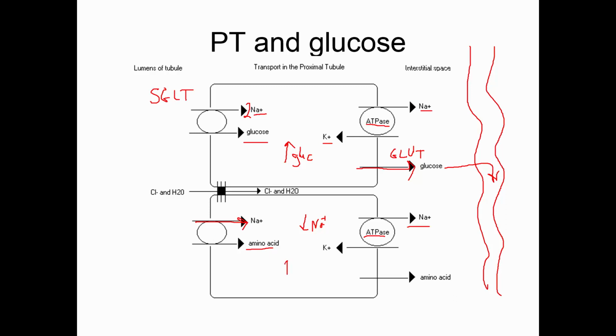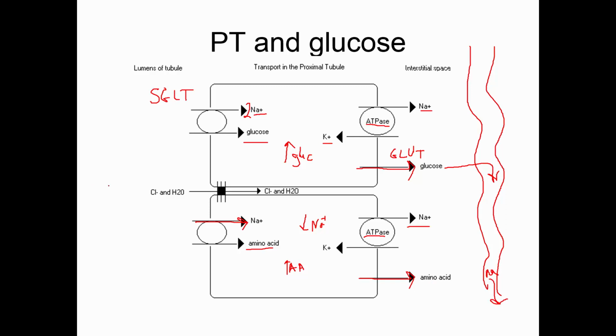We create an amino acid gradient, and then the amino acid can leave by facilitated diffusion. There are sometimes other kinds of transporters for amino acids, but for our purposes this is plenty of detail. Now, that amino acid then is going to go in the blood and be returned to the general circulation.